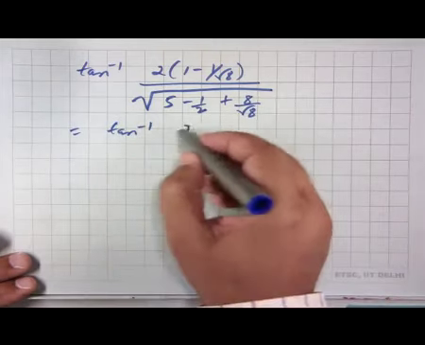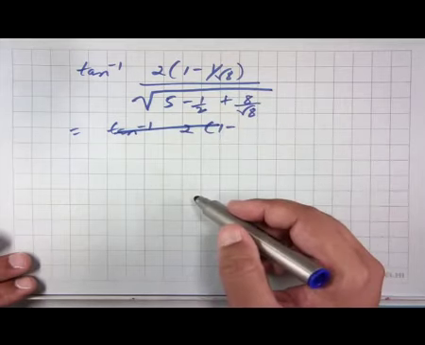So, we can actually take the square root of 8 down and see what we get.